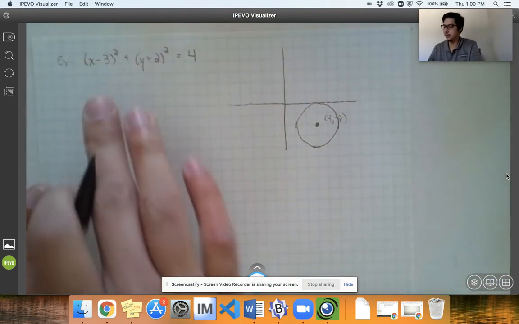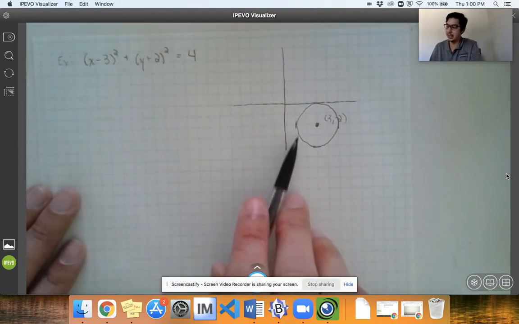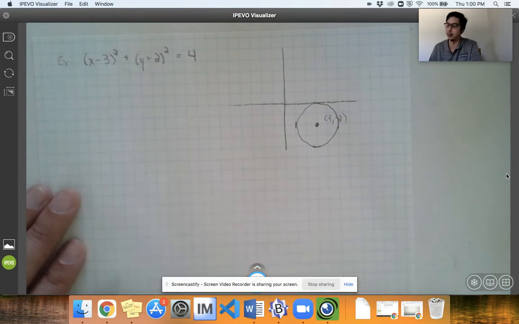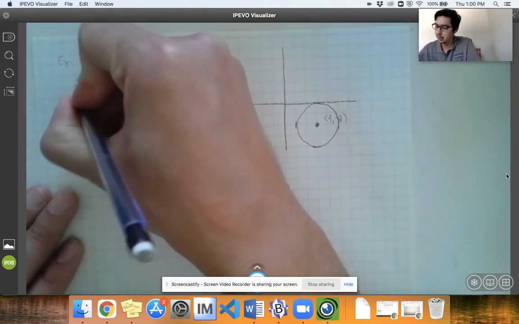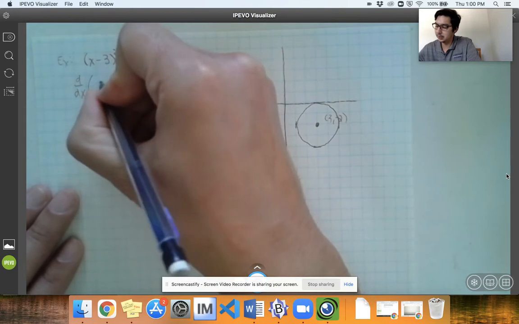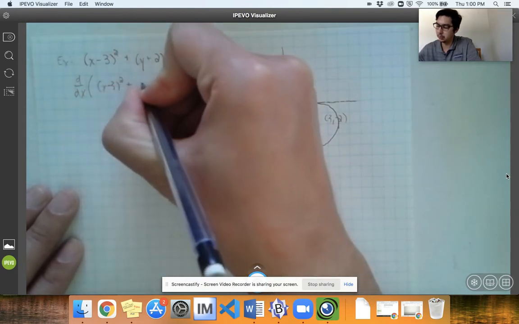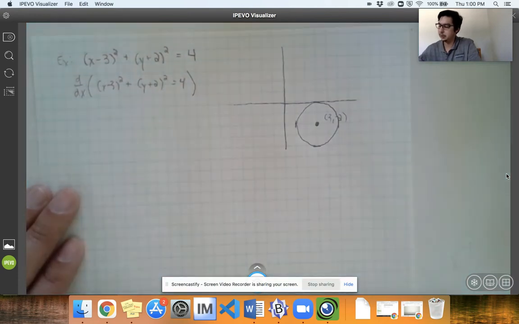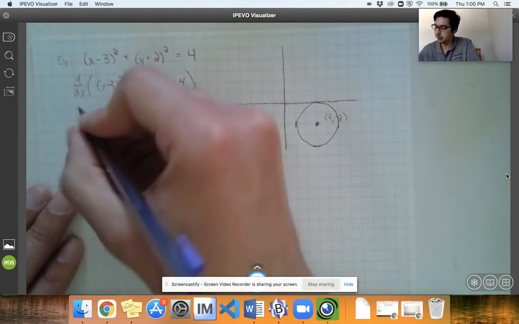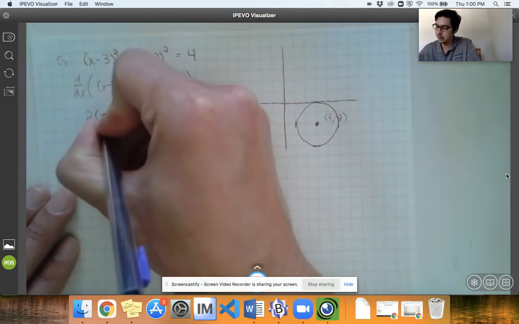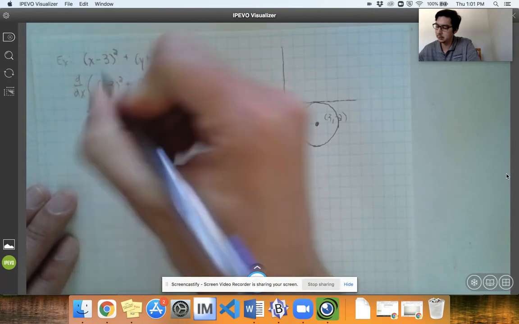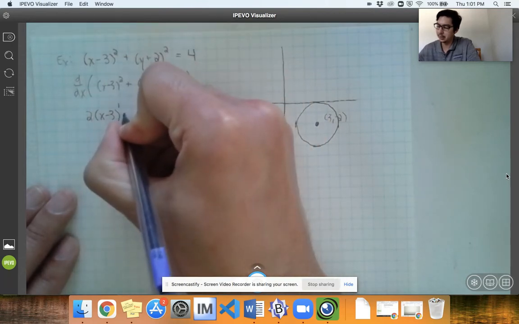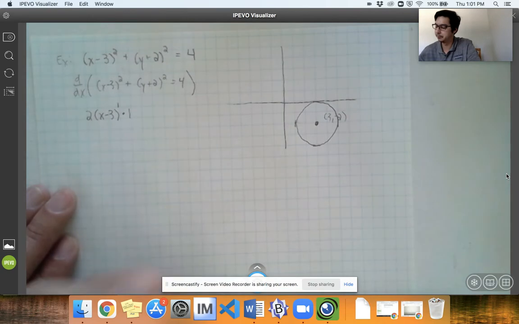All right. So let's find the derivative of this function so we can find how this circle is changing at any given moment. We're just going to use implicit differentiation here with all our tools to take the derivative of this. So the first part would be the power rule. It's going to be the derivative of the outside, leaving the inside alone, times the derivative of the inside, and the derivative of x minus 3 is just 1.